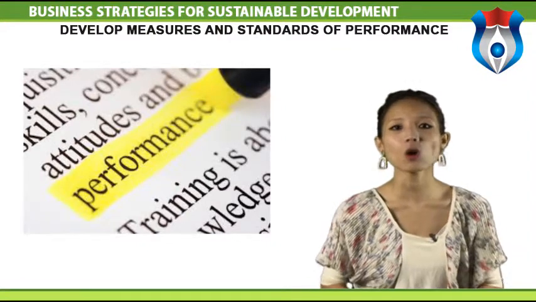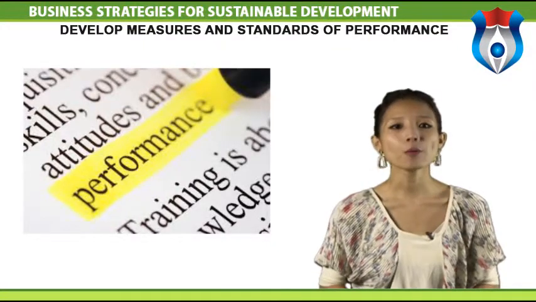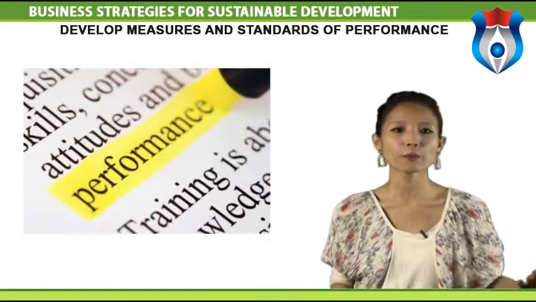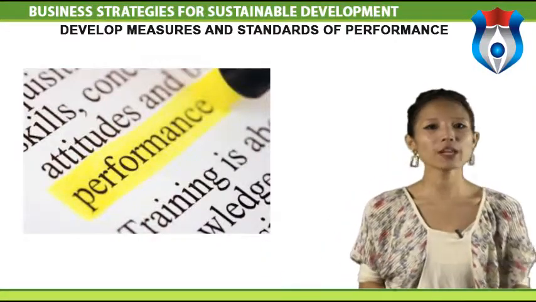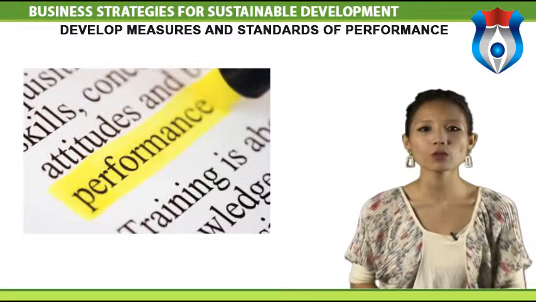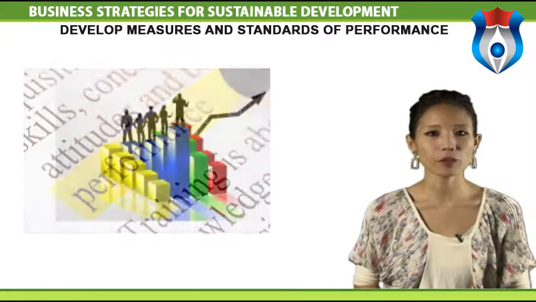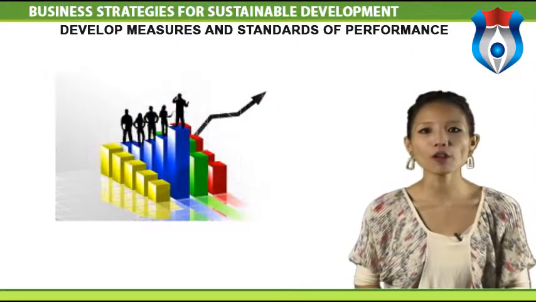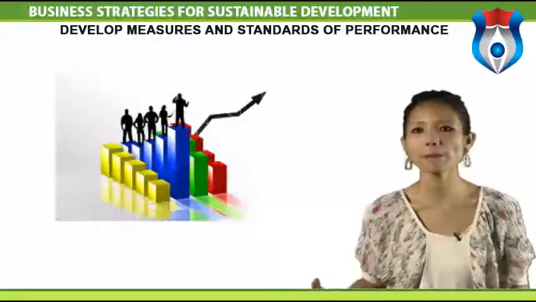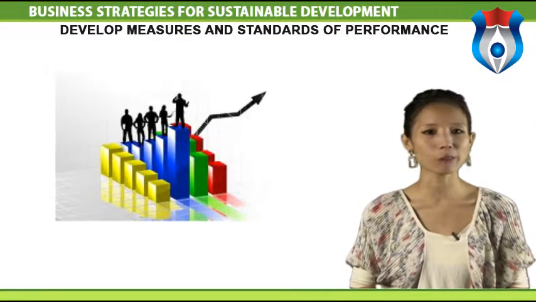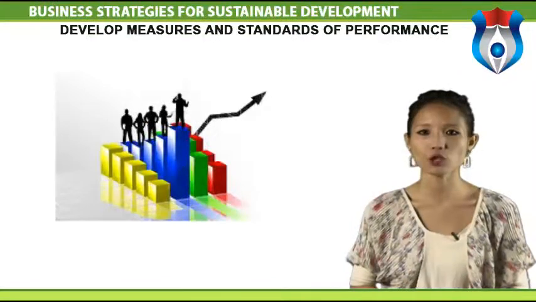This is needed in order to allow management to assess performance against external and internal performance standards using appropriate performance measures. Information systems will therefore need to be reviewed to enable the necessary reports to be provided to management. The measures used to assess and report on performance will be influenced by the company's sustainable development objectives and by standards that have been established by government and other public agencies.